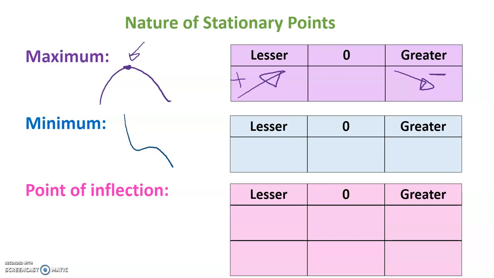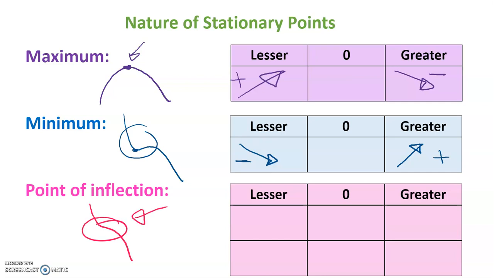A minimum stationary point is the lowest point in that region of the function, so it's going to have a negative slope before the turning point or stationary point, and it's going to have an increasing slope or positive slope after the stationary point. Now there's one other type that looks like this.